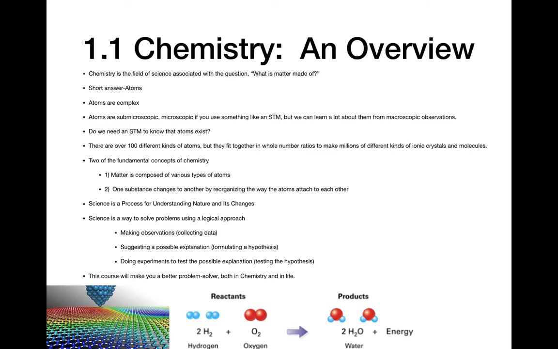Atoms, groups of atoms put together with covalent bonds called molecules, atoms that have lost and gained electrons called ions. These are the basic particles that we talk about in chemistry that matter is made of. Atoms are complex structures. You'll learn throughout the year about the structure of atoms.